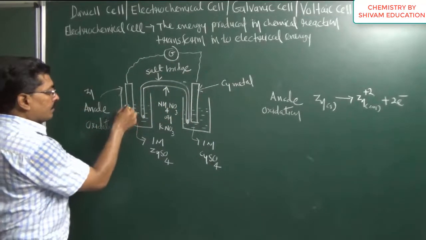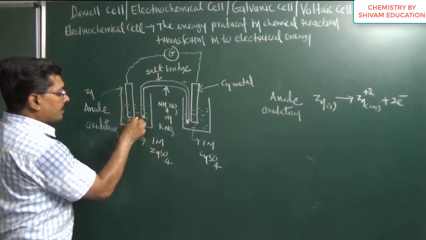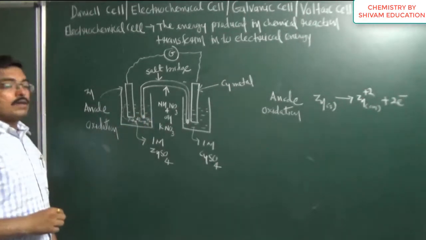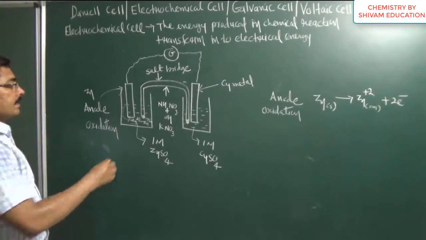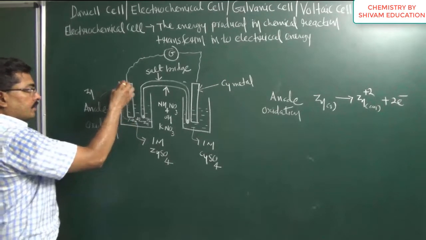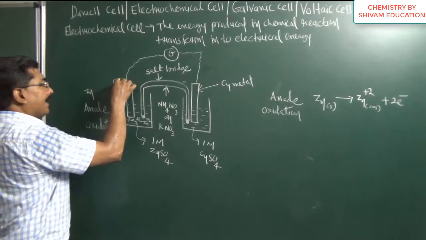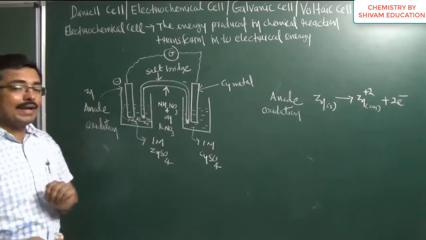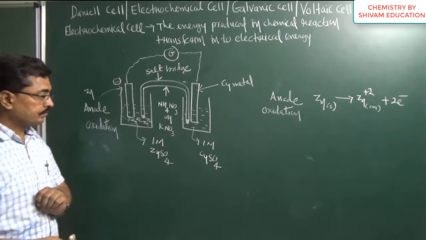So here from zinc metal Zn2+ ions will start to go into the solution. Now similarly, when electrons are lost, then here charge will be negative. So anode in electrochemical cell has a negative charge.